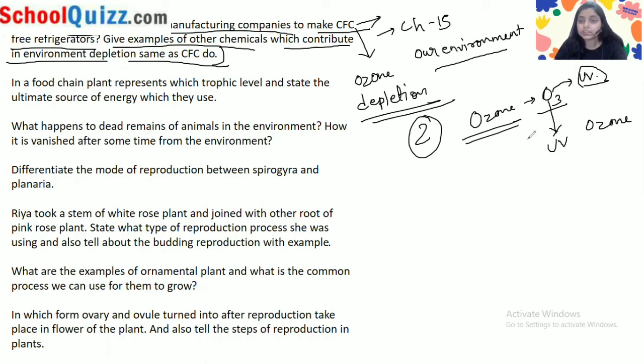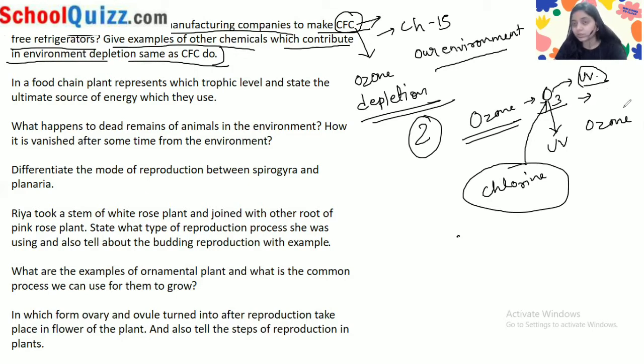And what does CFC do? In CFC we have the chlorine molecule. What is the full form of CFC? CFC stands for chlorofluorocarbon, and it contains chlorine. This chlorine molecule reacts with ozone and breaks the ozone into oxygen molecules. So if it breaks the ozone, then the ozone will be depleted.